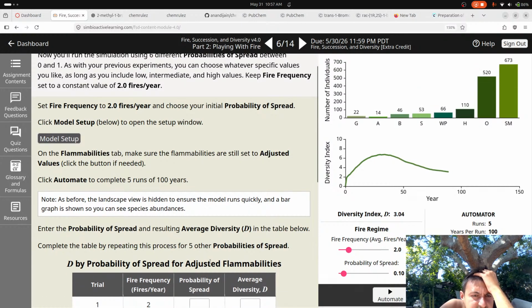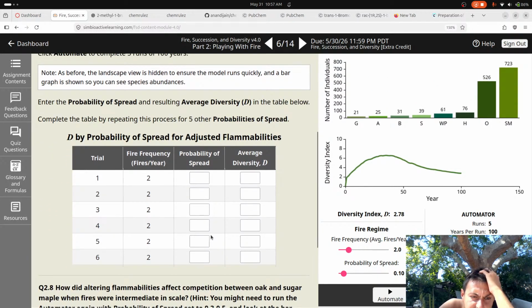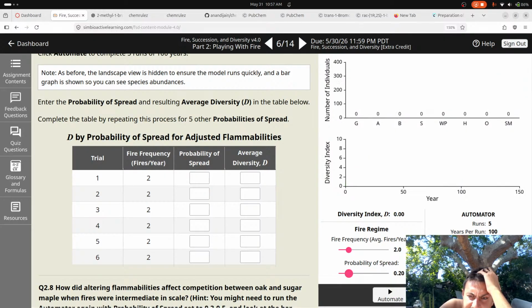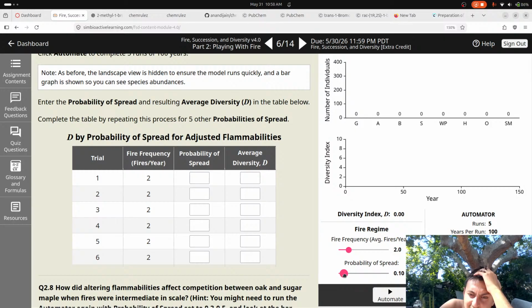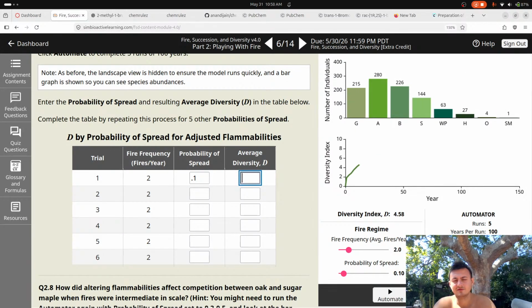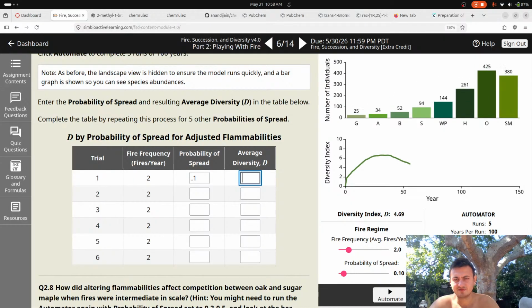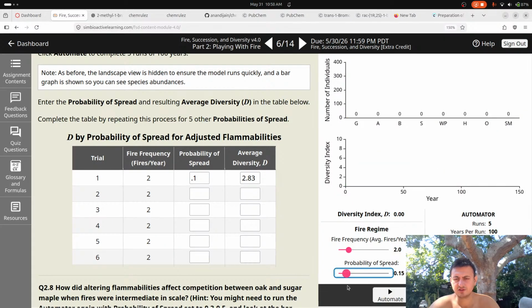How many results do I need? 5 runs? Okay. Oh, wait, no, 6. Okay, 0.1, 0.2. Oh, bro. Damn it. Why doesn't it just write down the data for me? Why do I need to be the one to put this in? So he goes up to 1, so 0.2. Okay. Yeah, okay.